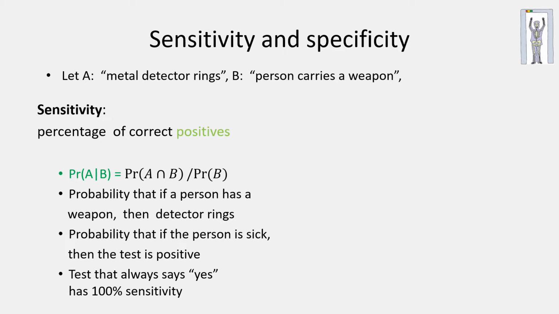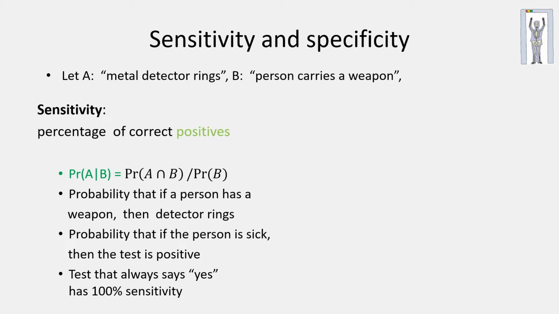If the metal detector rings when the person is not carrying a weapon, that's a false positive. And when it doesn't ring when the person is carrying a weapon, that's a false negative. So the percentage of correct positives out of all positives, out of all weapons, what percentage did the metal detector detect? That's the sensitivity of the metal detector, the sensitivity of the test.